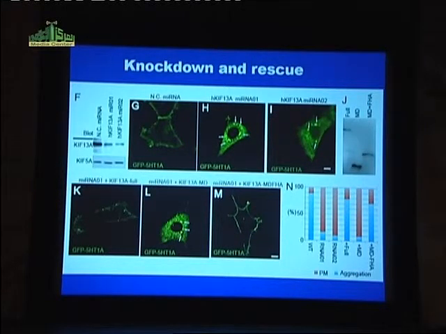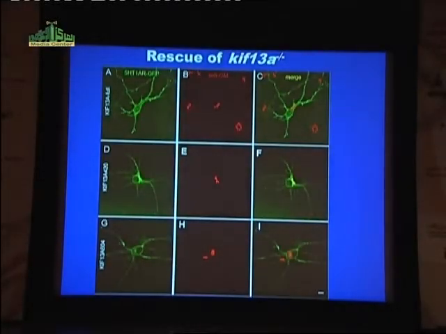And this phenotype can be rescued by expression of full-length 13A, but cannot be rescued by the KIF13A motor domain only, but can be rescued by KIF13A plus the FHA domain. This is enough to transport this receptor to the plasma membrane. So that is confirmed by rescue experiment of the 13A knockout neuron.